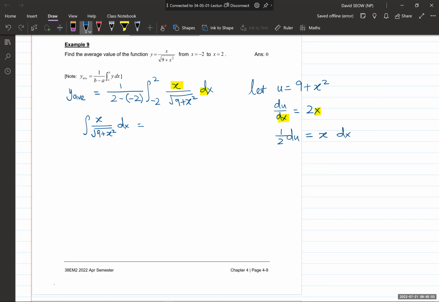Now with all this, I put it back into this expression. I will then get 1 over square root u, and then half du.